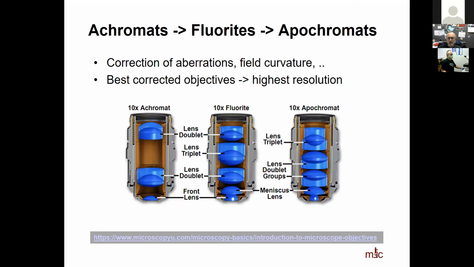Here is an example of some of these objectives. You can see that the better corrected, the more lenses or groups of lenses had to be used. And so those apo lenses are also the most expensive.